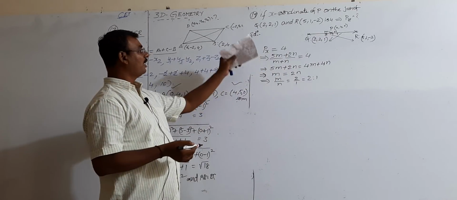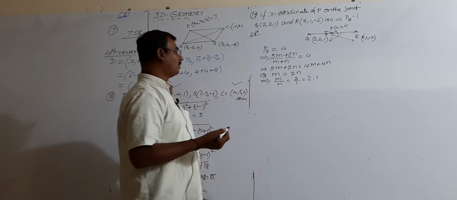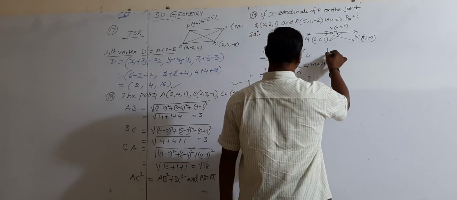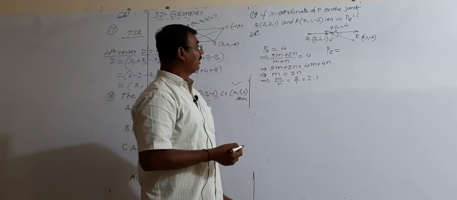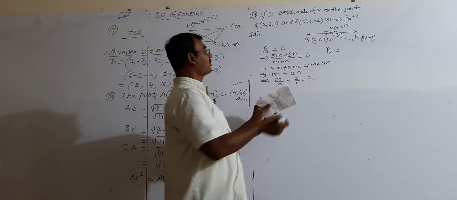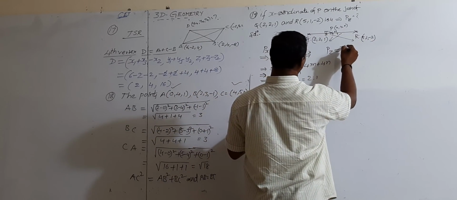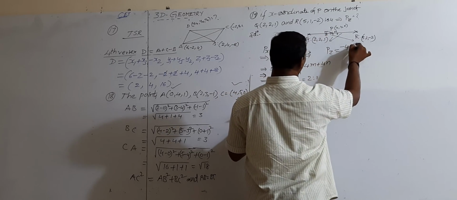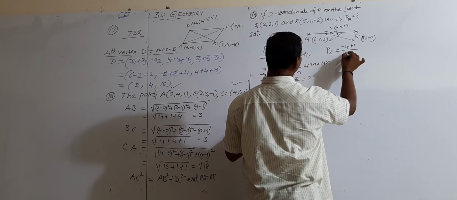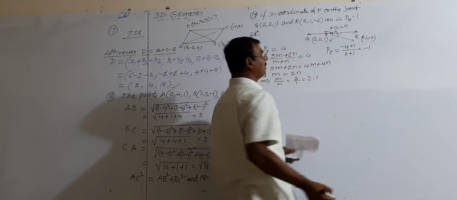Whenever you know the ratio, can you find the coordinates of P? Yes. Which coordinate has already been given? The x coordinate. What is being asked? The Z coordinate. So PZ, applying the same rule, mz2 plus nz1, that is 2 into minus 2 plus 1 into 1, which is minus 4 plus 1, divided by 2 plus 1, is equal to what? Minus 1.